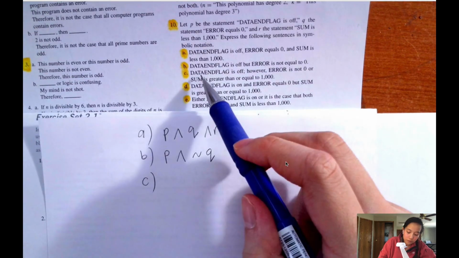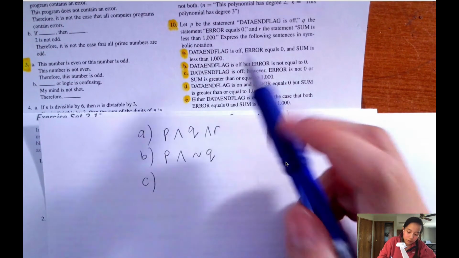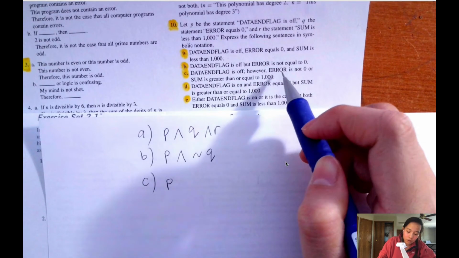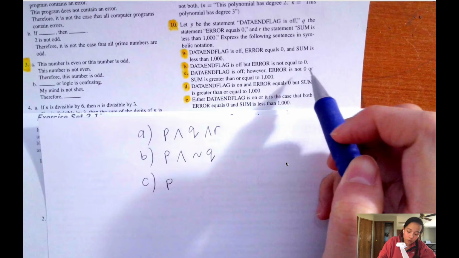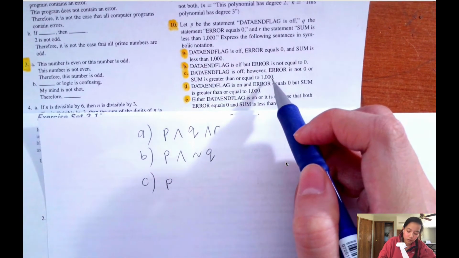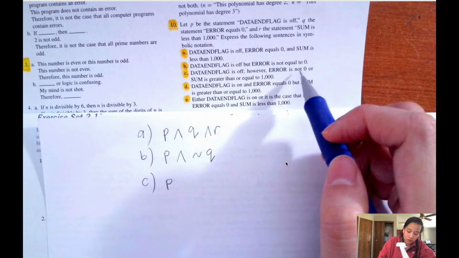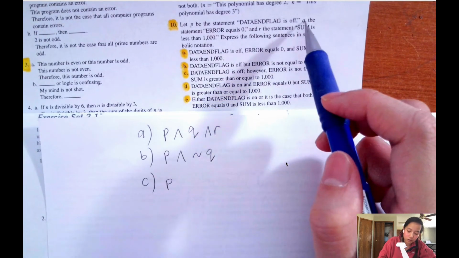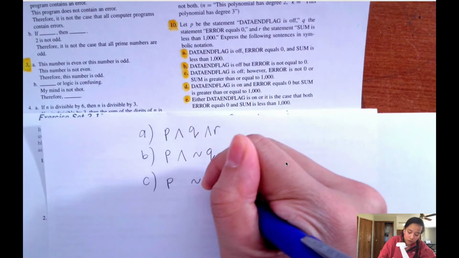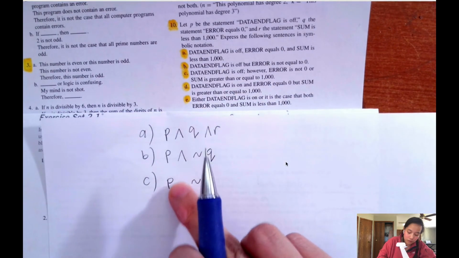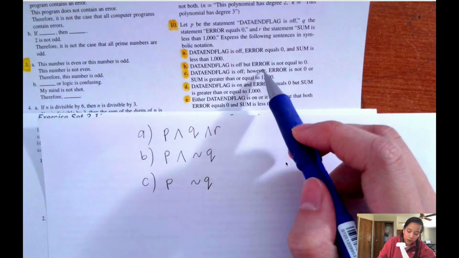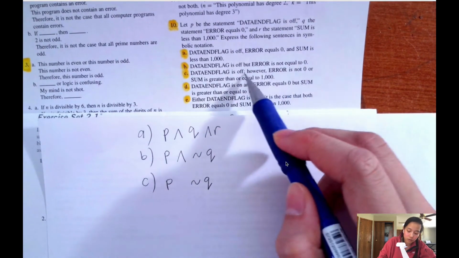Okay, cool. Let's do the next one now. C. Data and flag is off. That's the same thing as P. However, error is not 0 or sum is greater than or equal to 1000. Okay, so error is not 0 is the opposite of Q, which says error is equal to 0. So we know that is a negation of Q. I'm going to leave the space right here blank for now so we could return to that, because the word however, we never really talked about it.